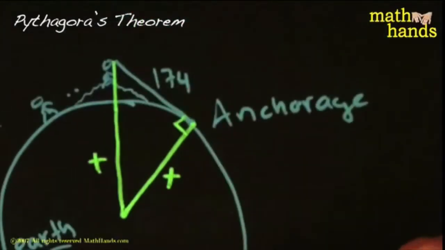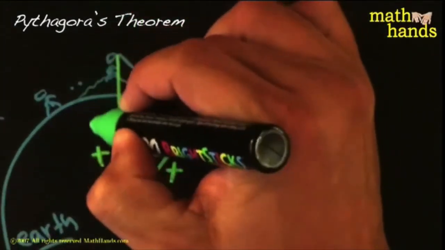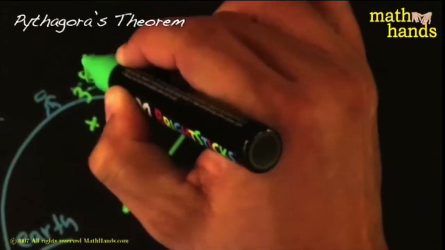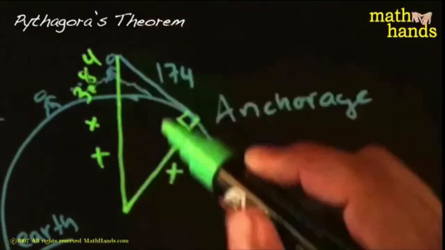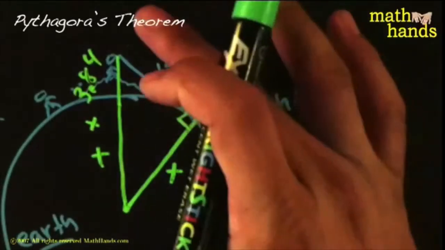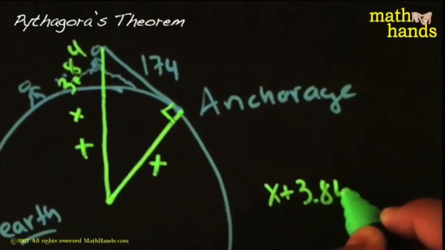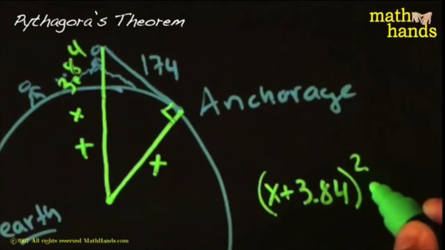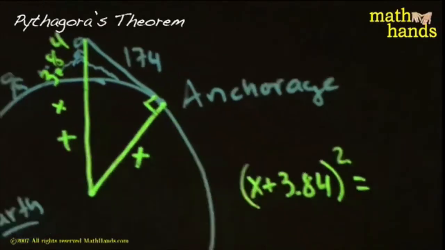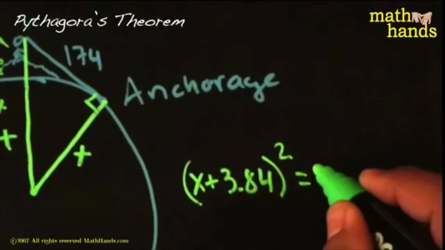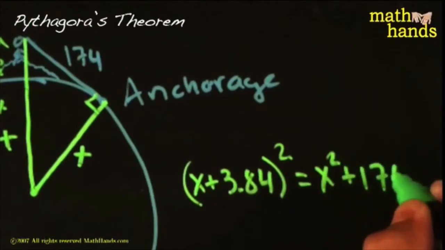This is x plus 3.84, the height of the mountain. So this is the hypotenuse, and Pythagoras would say x plus 3.84 squared is equal to the sum of the squares of the other two sides, so x squared plus 174 squared.